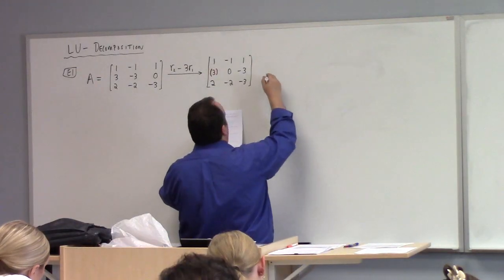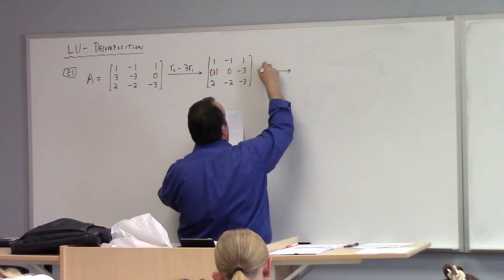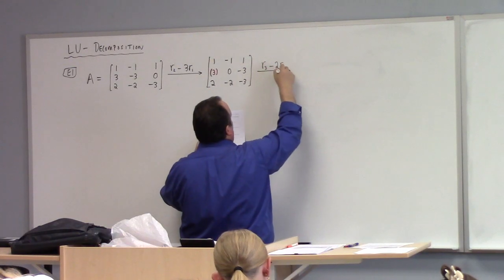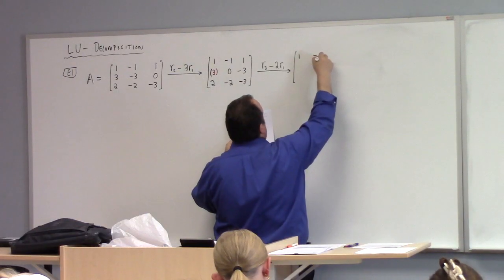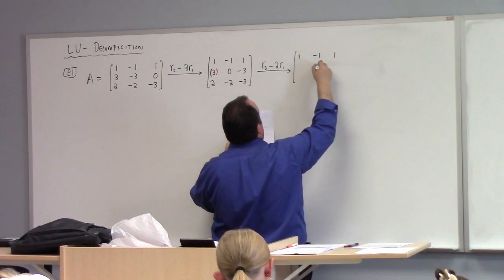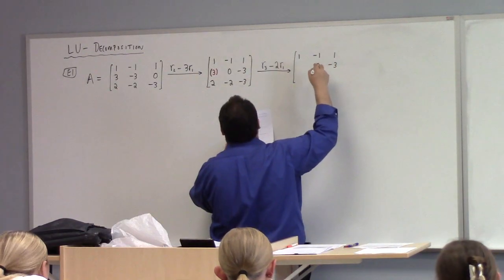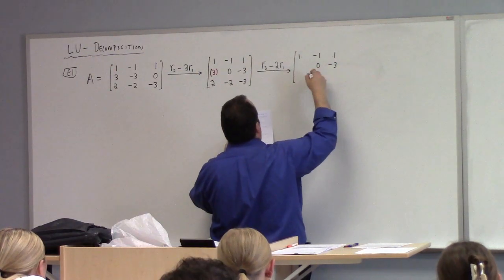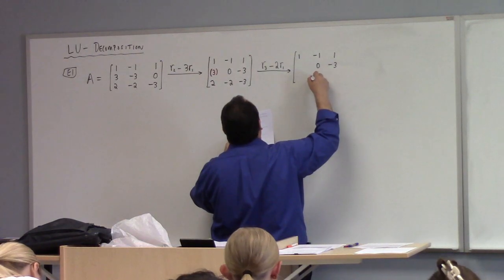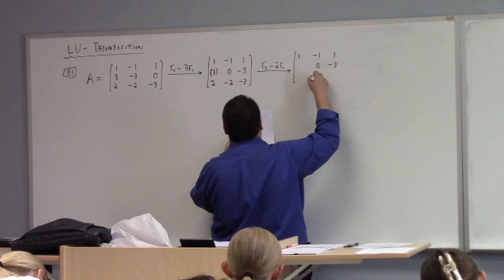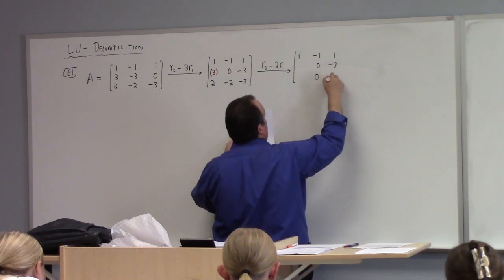Next up, we do row 3 minus 2 row 1. So 1, minus 1, 1. The 0 and the minus 3 here stay the same. I'll leave that blank, because it's going to be 0 here as well, and minus 5.